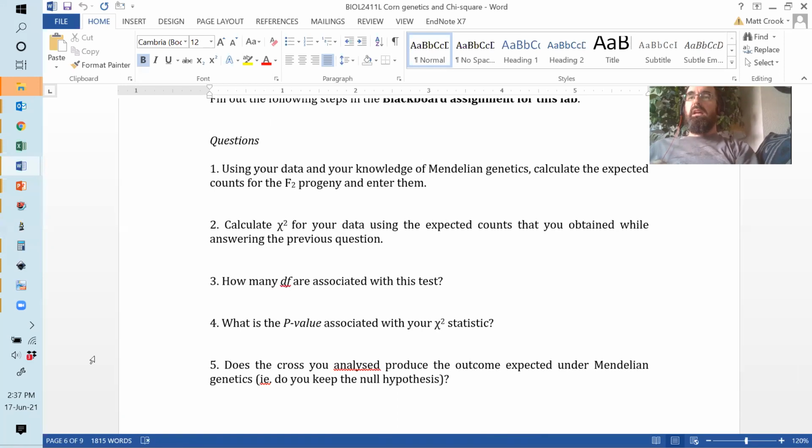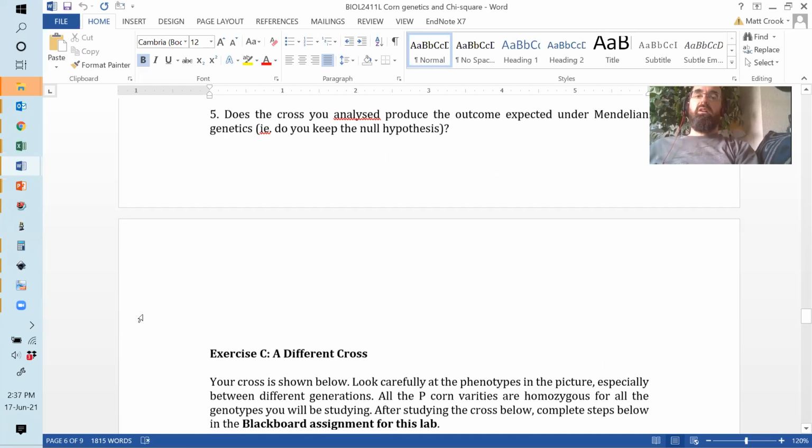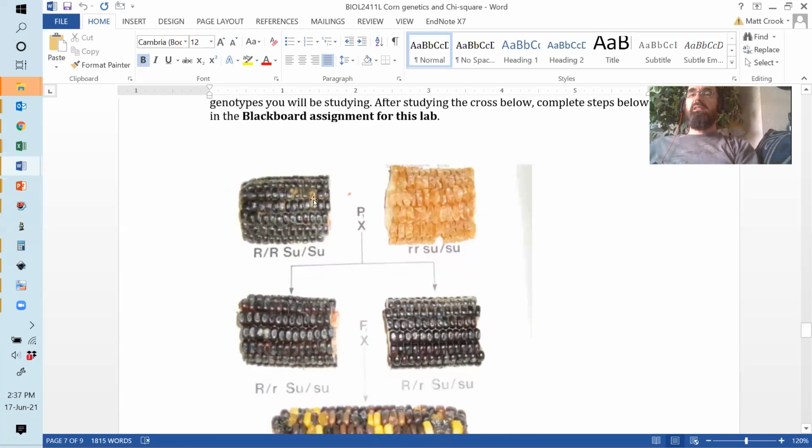Okay. And then the second one is really much a repeat of the first, but now you're doing a dihybrid cross. So we're now looking at two different traits. Each parent has two different phenotypes for those traits. For seed color, we have, again, purple versus yellow.